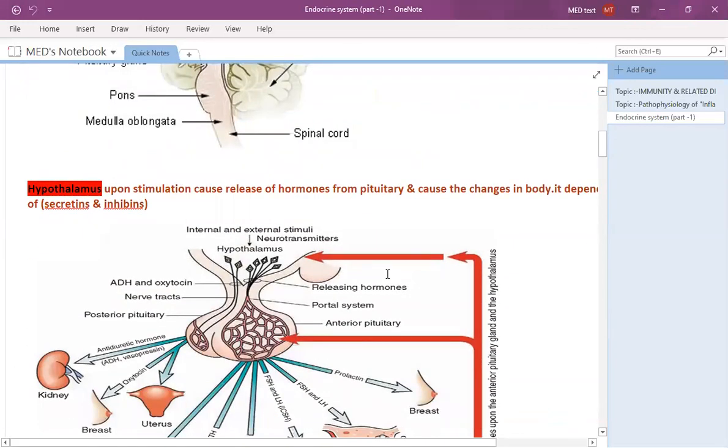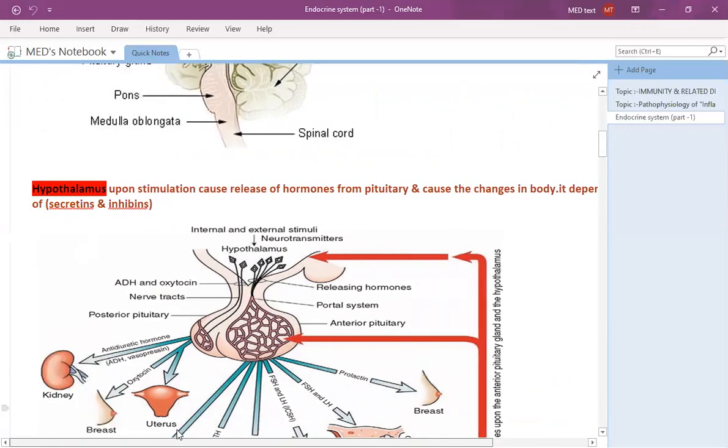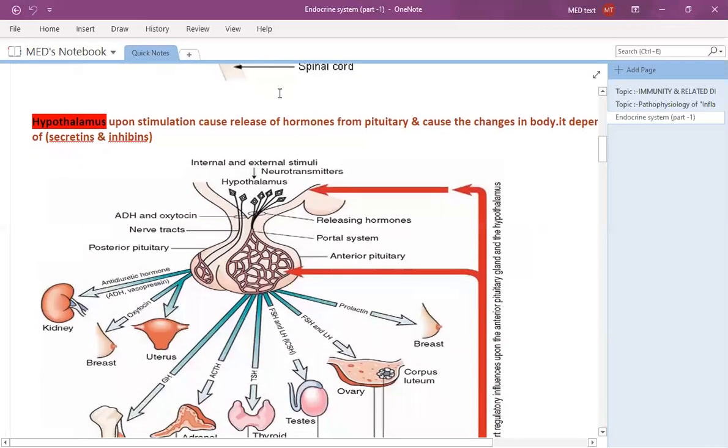So the next one is the hypothalamus. It's the master gland. So upon stimulation, it causes a release of hormones from the pituitary and cause changes in the body. It depends on the levels of the amount of secretin and inhibins released. So over here, the external stimuli will release the neurotransmitters and will stimulate the hypothalamus.